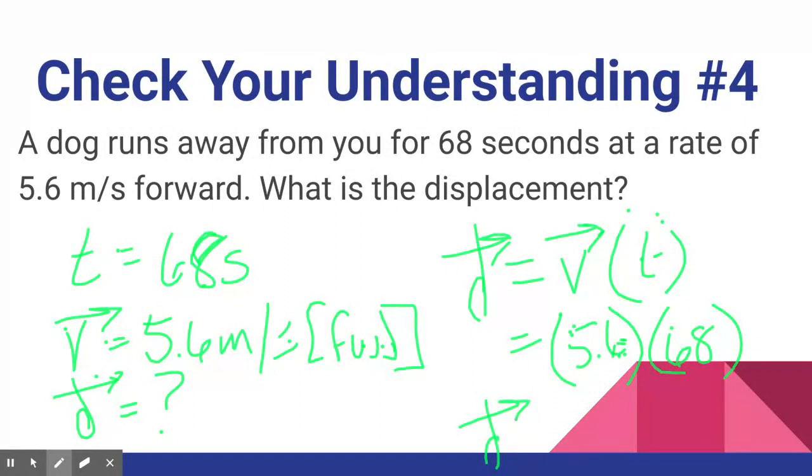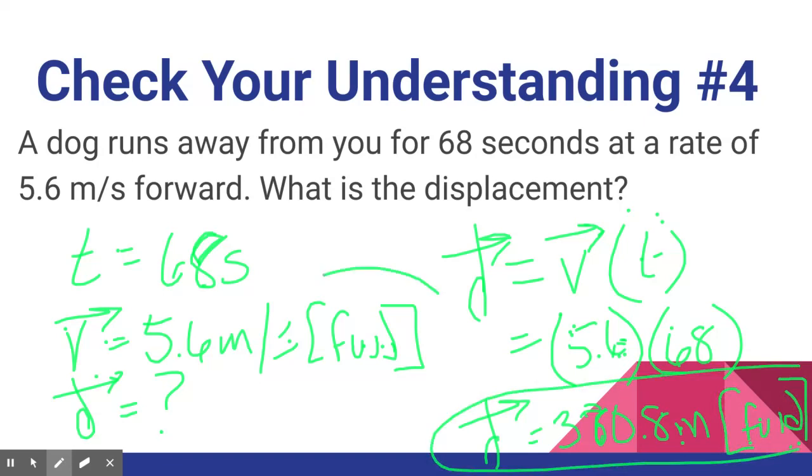So what we should get here is our displacement is 380.8 meters forward. Okay, it's forward because our velocity is talked about just in the forward direction as opposed to the backwards direction. Okay, good.